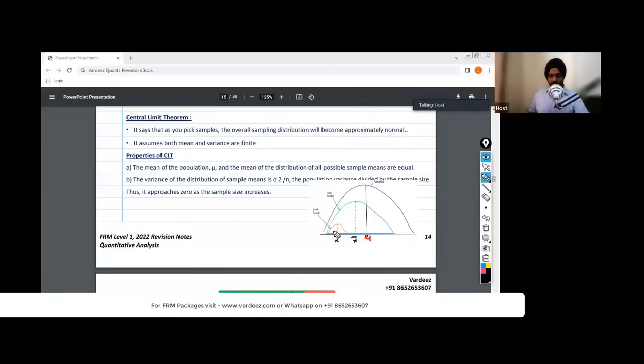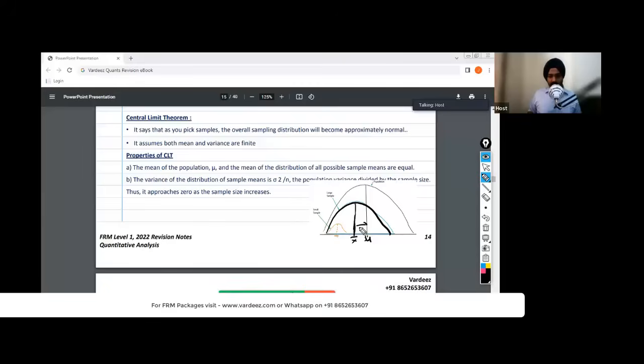Now just notice one thing. If I pick up a small sample like here, and I get the mean here, and the original mean is here, see the distance, the variance. It's very much, right? The dispersion is very much. On the other hand, if I pick up this blue one, a large sample, and draw the mean, this is mu and this is my sample mean.